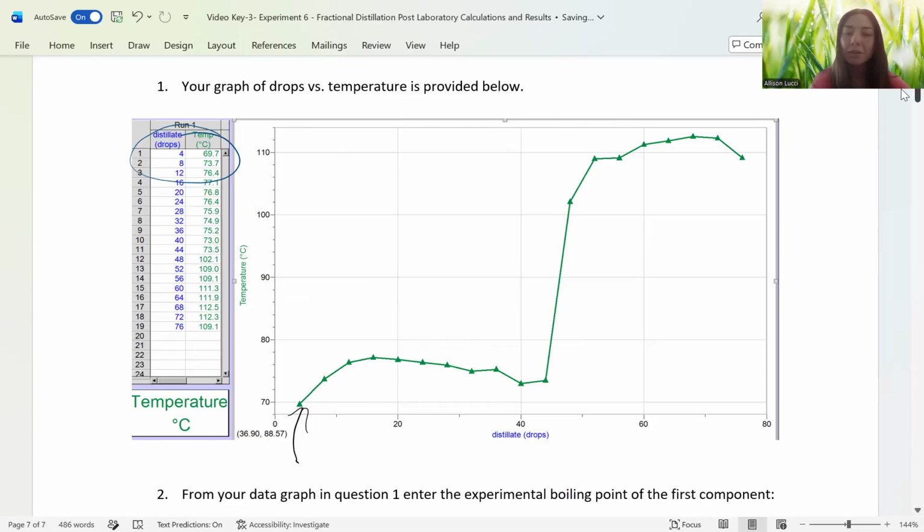Based on this graph, the highest point is like 77.1 or so from our data over here. So that would be considered the boiling point of our first component. And then when you reference the highest temperature on the right-hand side of the graph, that would be the boiling point that you should list for component 2.